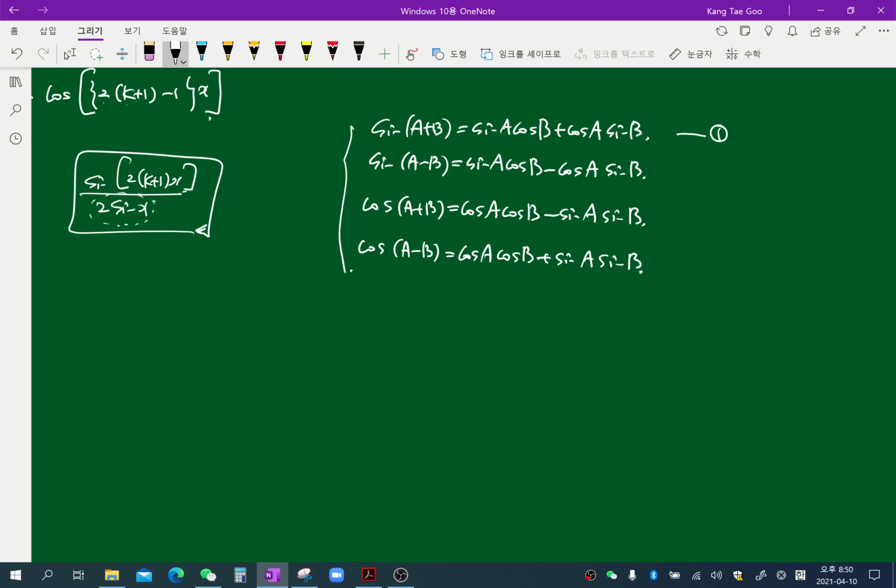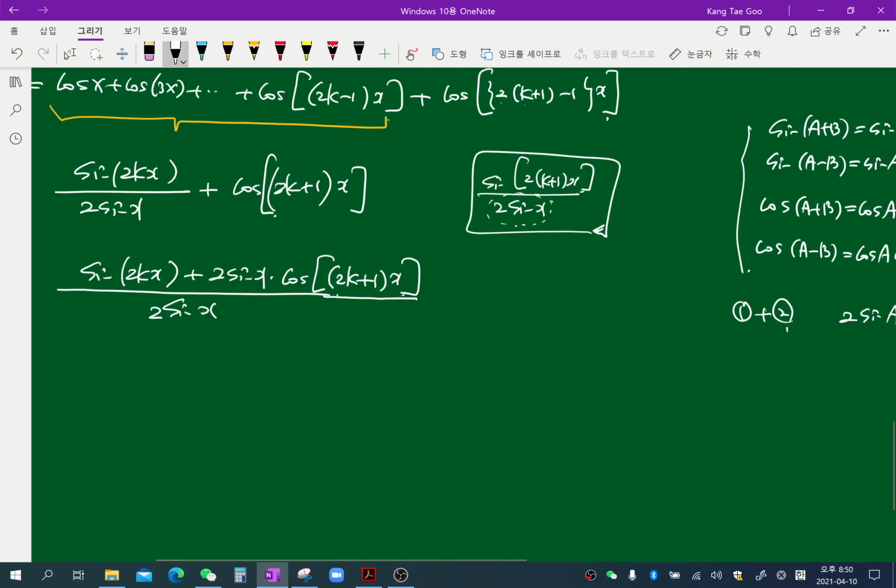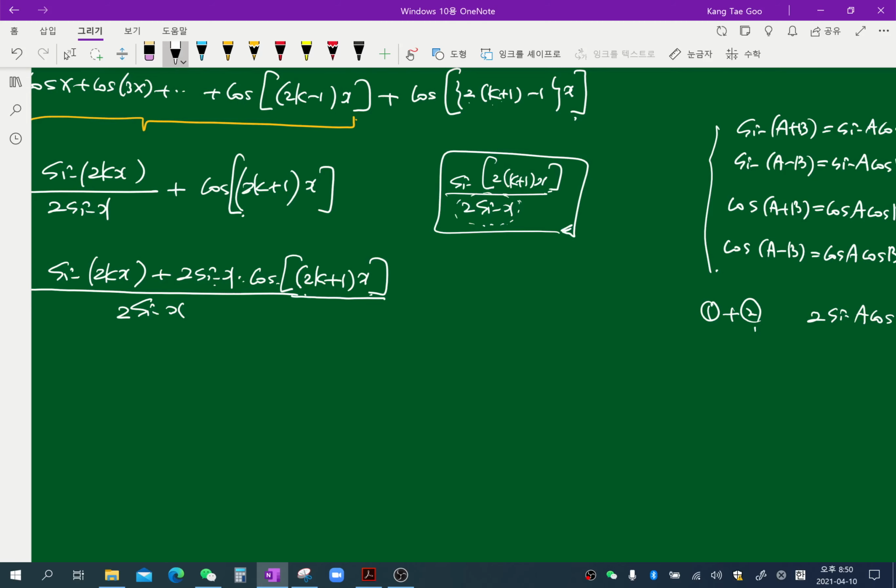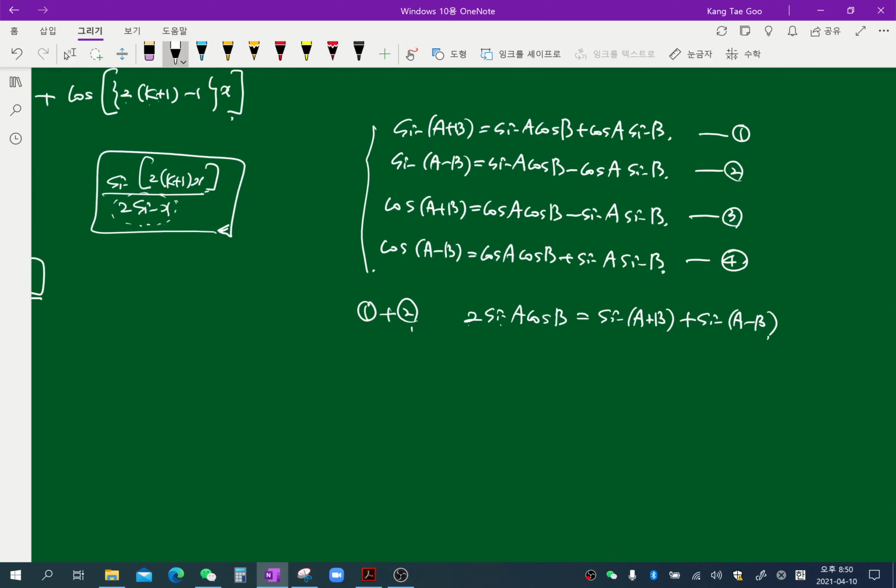Let's say this is 1, this is 2, this is 3, and this is 4. If you add 1 and 2, then cosine a sine b cancel each other, so that 2 times sine a cosine b goes to sine (a plus b) plus sine (a minus b). In the question, what we have is sine times cosine, right? 2 times sine times cosine.